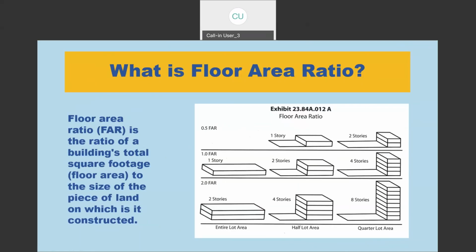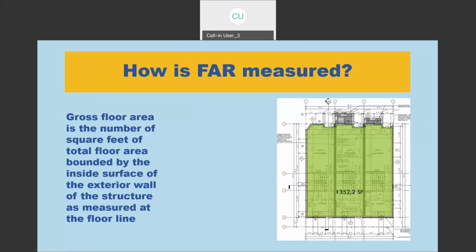Another example, you have 5,000 square feet of lot area, you'd have 2,500 square feet of permittable FAR. And the 1.0 FAR and 2.0 FAR are just multipliers. In the single family zones, they don't usually get up to that much. It's limited to 0.5. We'll get into that later.